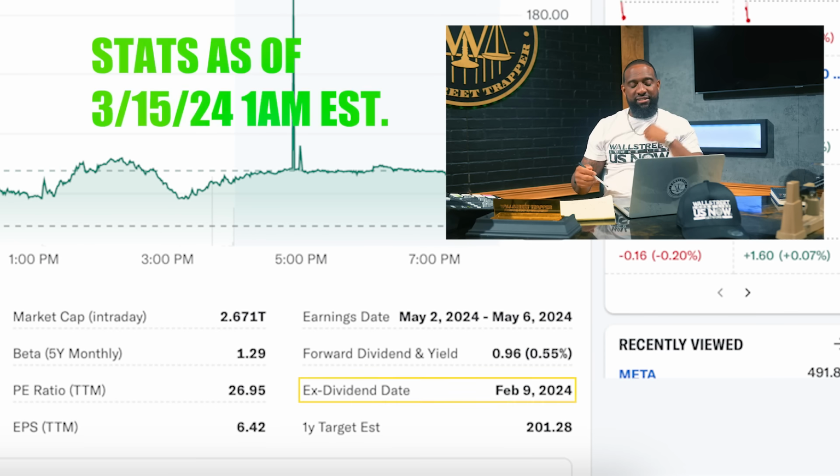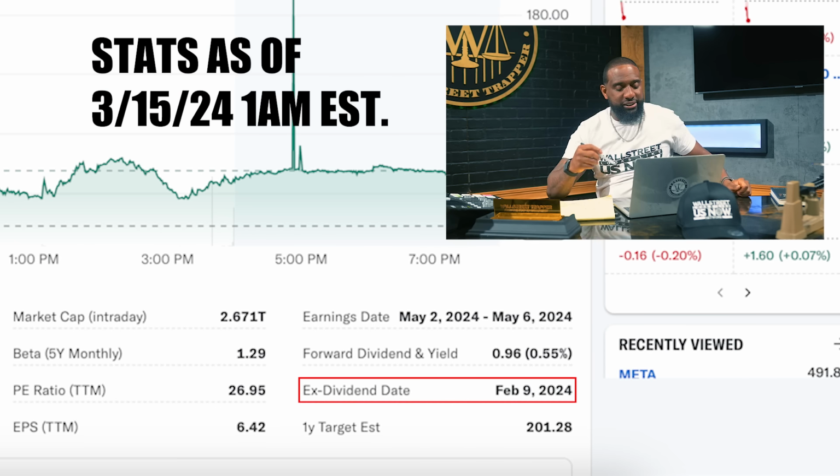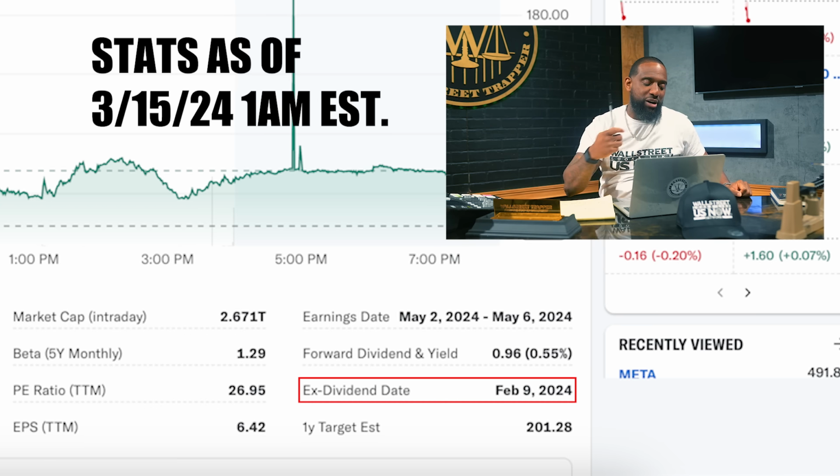All right, next, ex-dividend date. This tells us when the dividend will be paid. If we're looking at this right now, Apple paid a dividend February the 9th.